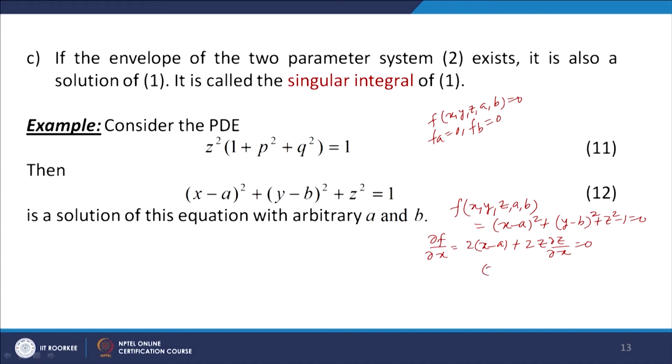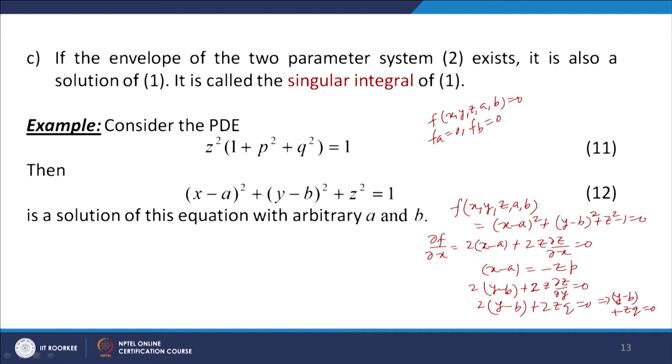So we get x minus a equal to minus z into p. Similarly, when we differentiate this equation with respect to y, we get 2 times y minus b plus 2 times z into the partial derivative of z with respect to y equal to 0, or 2 times y minus b plus 2zq equal to 0, which will give you y minus b plus zq equal to 0.